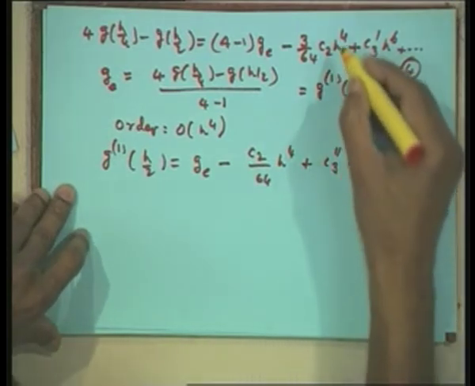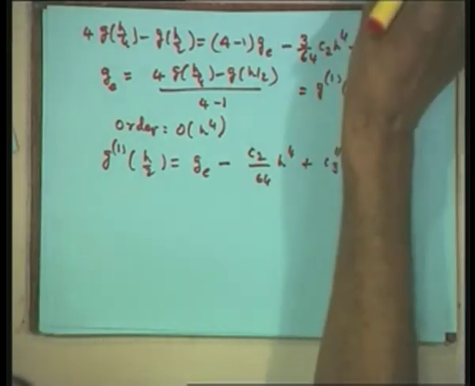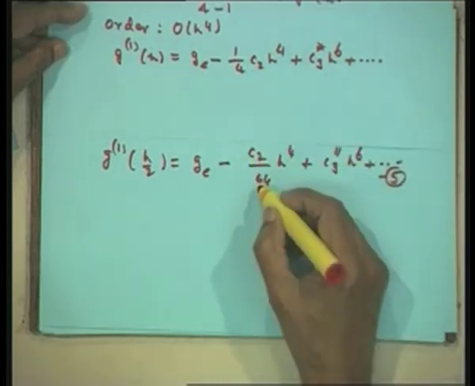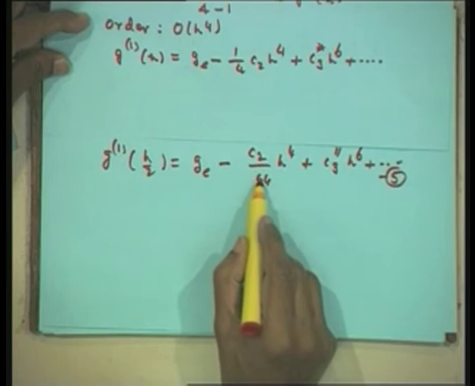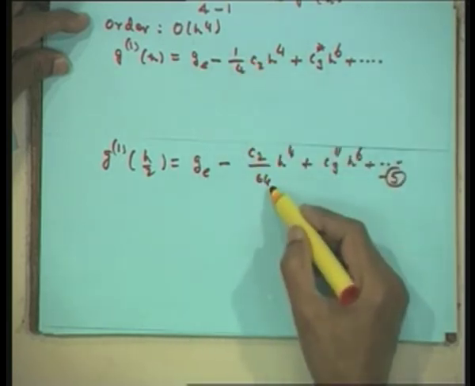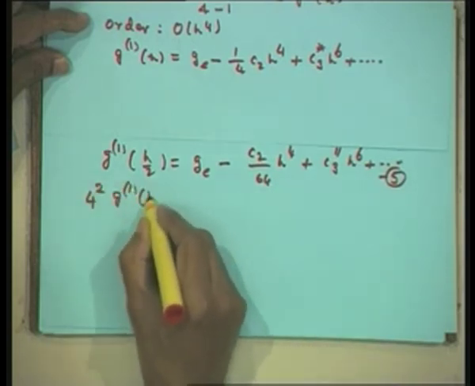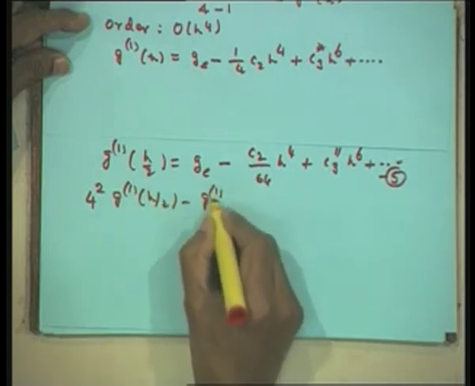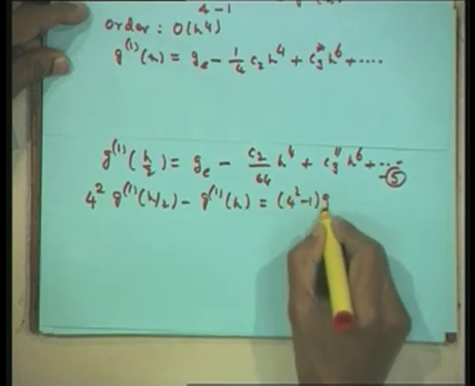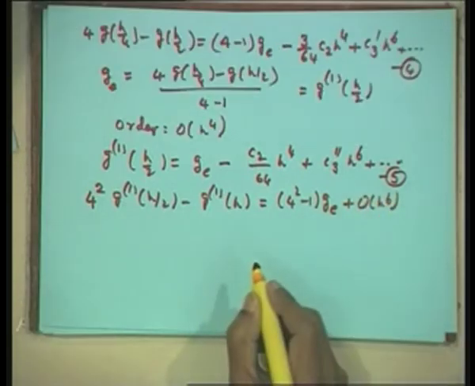Now, I would eliminate C2 h^4 from these two equations. I would now eliminate C2 h to the power of 4 from this equation and this equation. Now, you can see if I multiply this by 16 and subtract from this, then C2 h^4 cancels from here. Therefore, I will have here 16, that is 4 square G1(h/2) minus G1(h) will be equal to 4 square minus 1 of G(E), this and this, plus order of h to the power of 6.